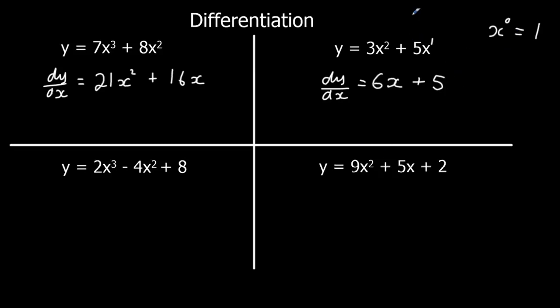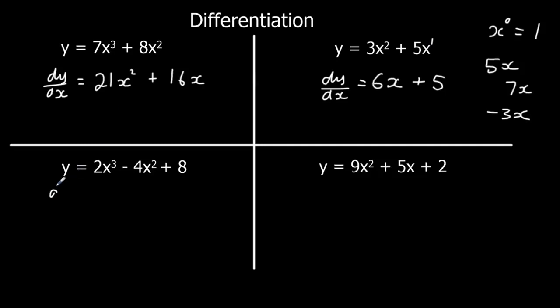So if you've got 5x, that will differentiate just to 5. If you had 7x, it will differentiate just to 7. If you had minus 3x, that will differentiate to give you minus 3. So whenever you've got 5x or something x, the x just disappears.